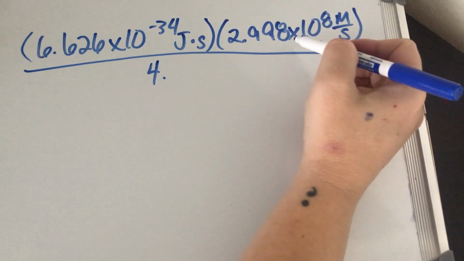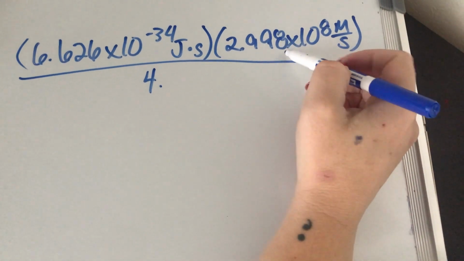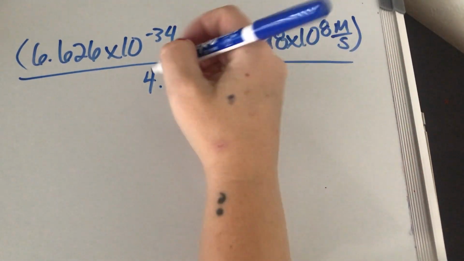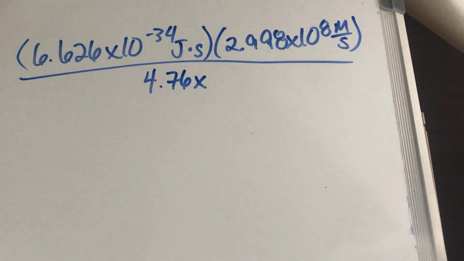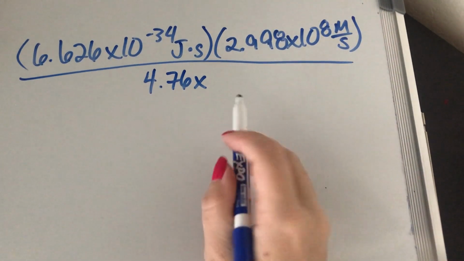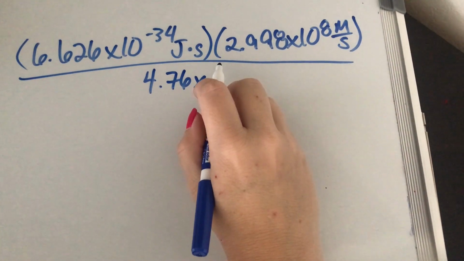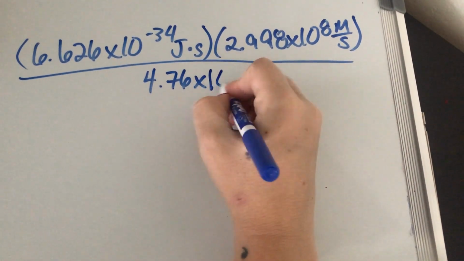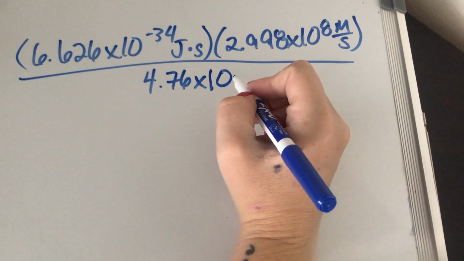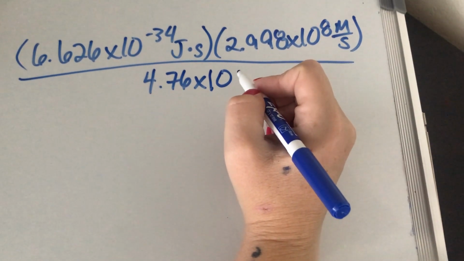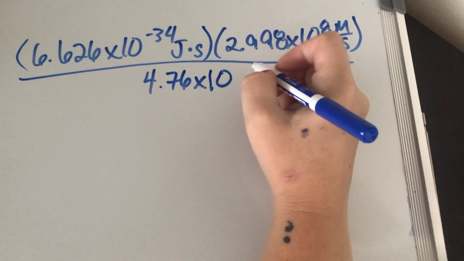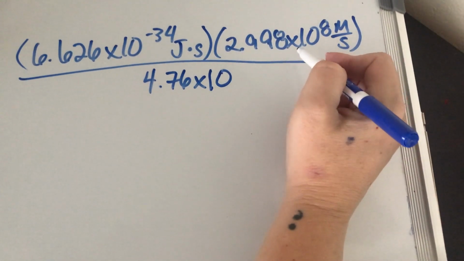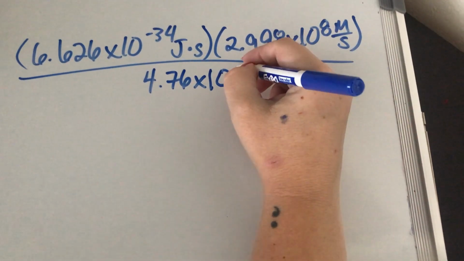I took it in high school 2 years ago. Anybody recognize this number? Is that either Avogadro's number or the speed of light? I can't remember which one it is. Definitely not Avogadro's number, because Avogadro's number is a lot bigger than that. We'll get to that. But this is the speed of light. You're right, Miles.